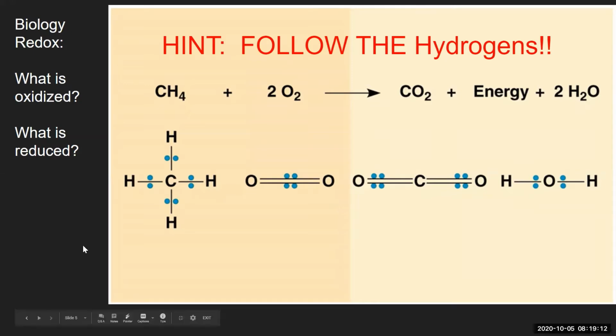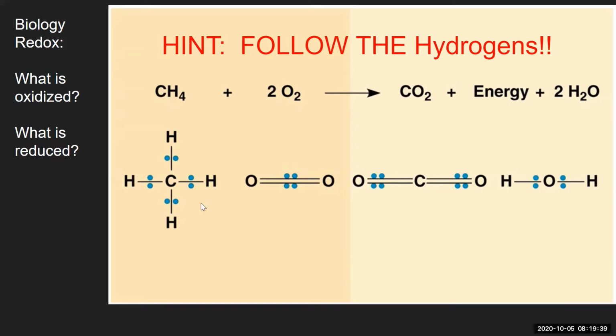So if we look at this reaction, this is methane. It's a very simple organic molecule, 1 carbon, 4 hydrogens. We're going to track where these hydrogens are going, and they're leaving this carbon, but they're going on to this oxygen to form water. Because see over here how oxygen now has hydrogens and it didn't?